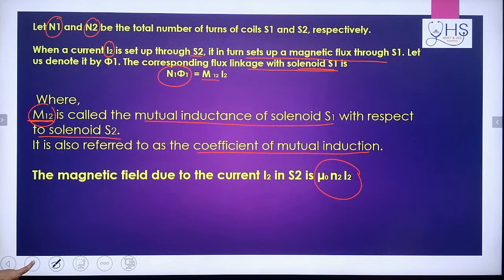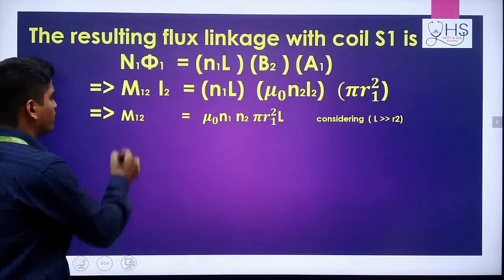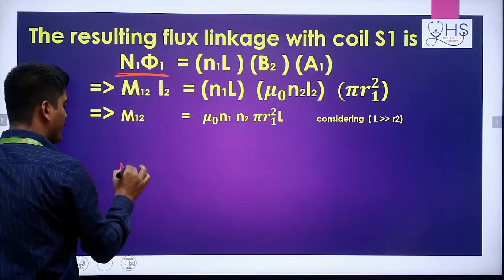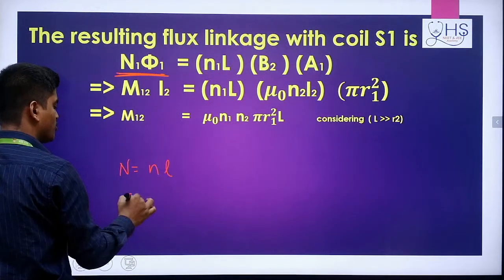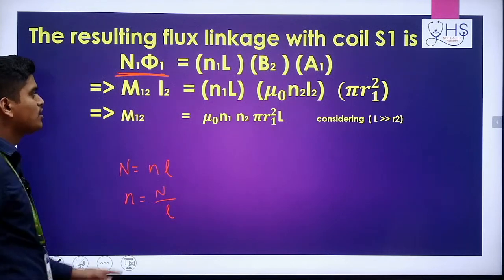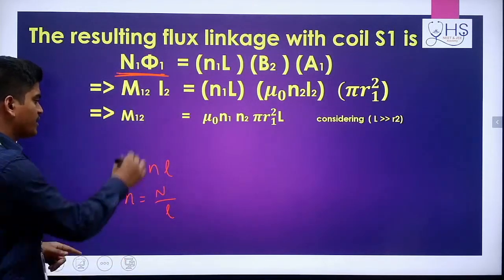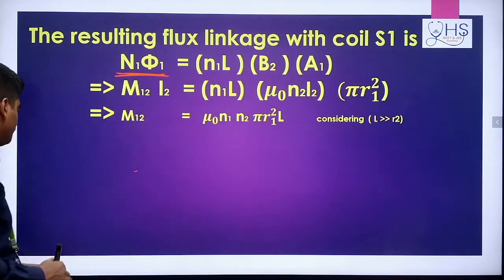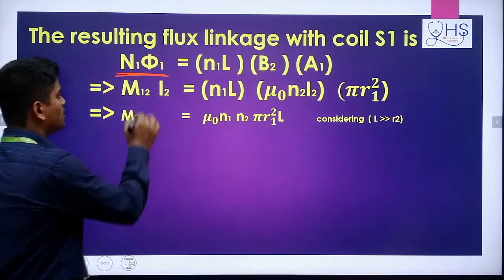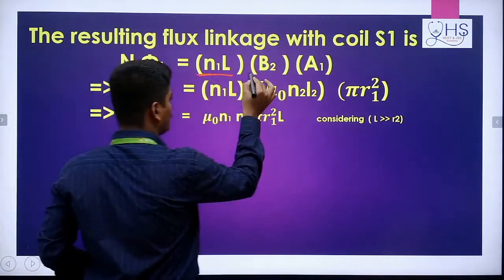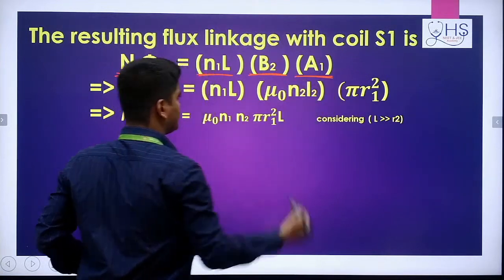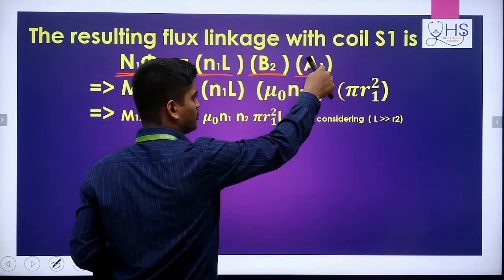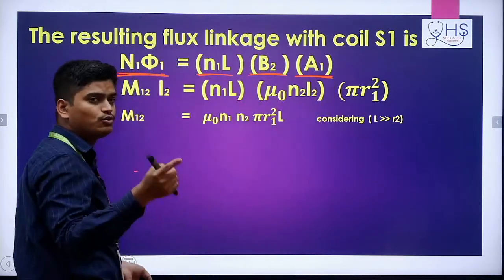Next, after finding the magnetic field, let me find the total flux. For the total flux through coil 1, you know N equals small n into L, because small n equals capital N by L. So that is what we are substituting here. And capital L is the length of the solenoid. Now N1 phi 1, where phi 1 is basically the magnetic field into the area of the smaller, inner solenoid, with the magnetic field due to the outer solenoid.